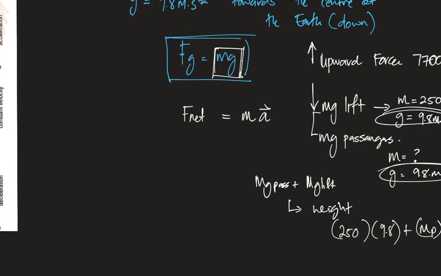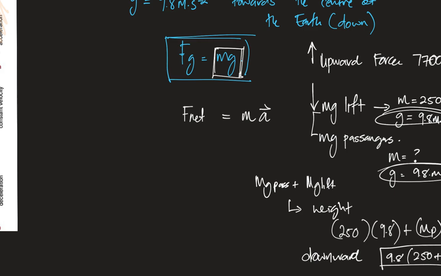What I can do is take out the 9.8 as a common factor, and what I'm left with for the downward force is 9.8 times 250 plus mass of the passengers. So that's my downward force.